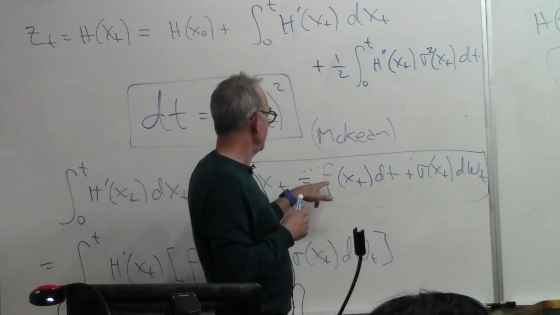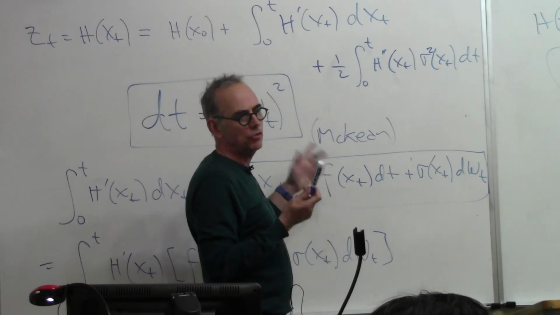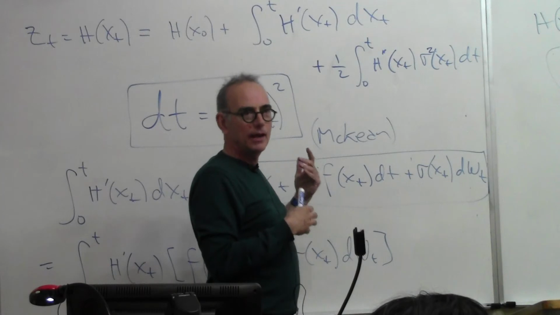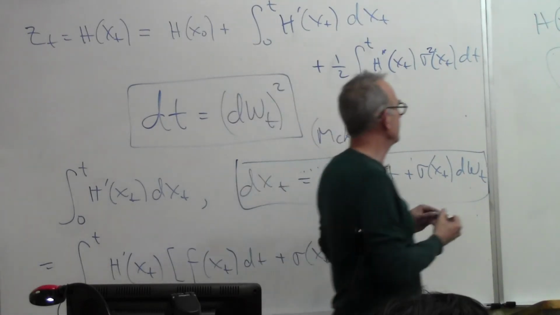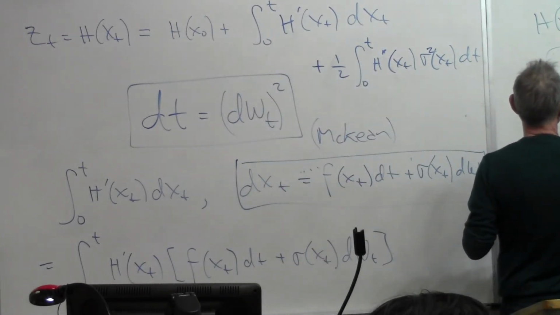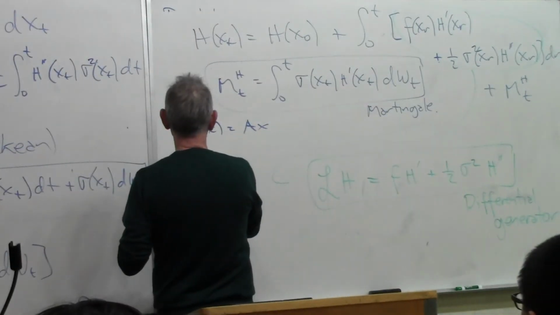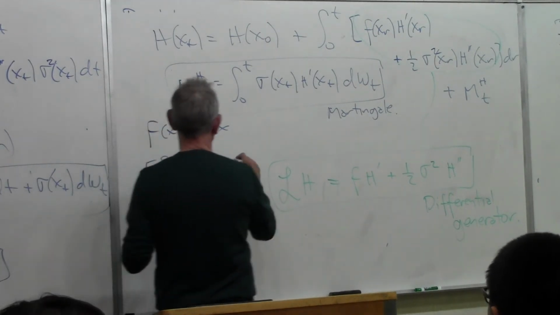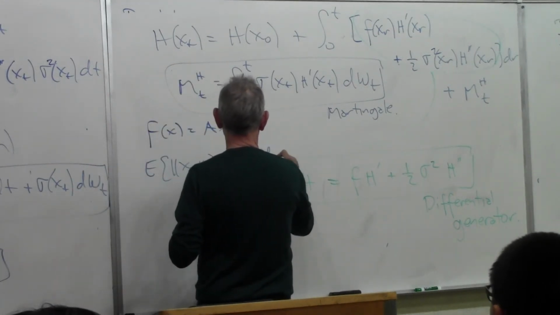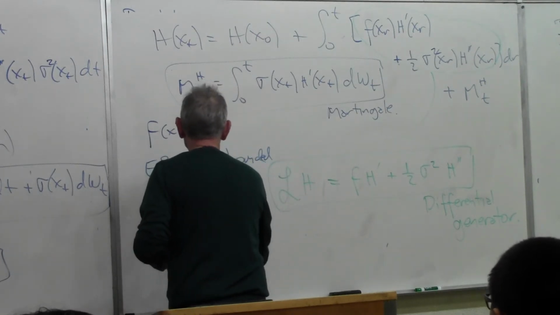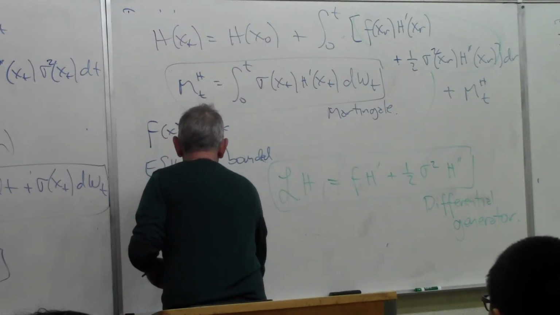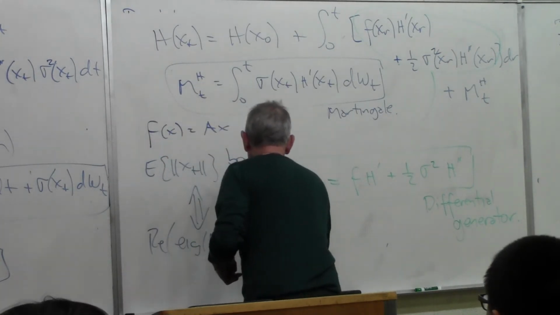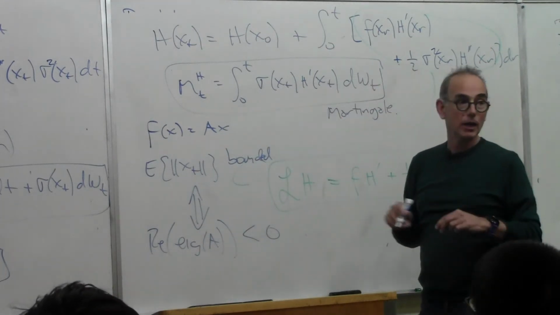And we all know if f of x was just Ax, the eigenvalues of A have to be in the left half plane. And yes, it's true. If f of x equals Ax, then the second moment of x_t is bounded if and only if the eigenvalues of A have real part strictly negative, for every eigenvalue.